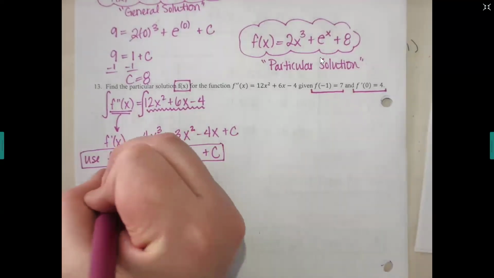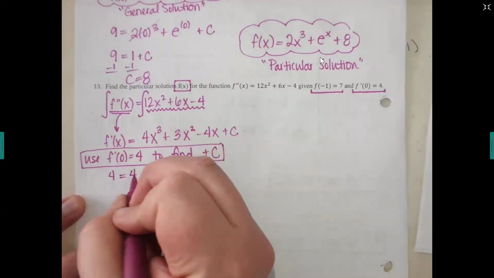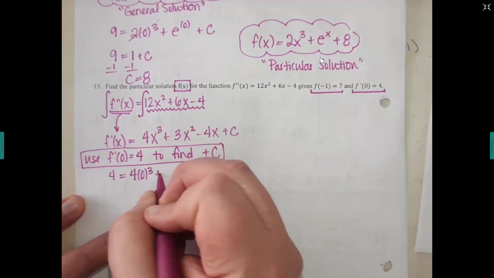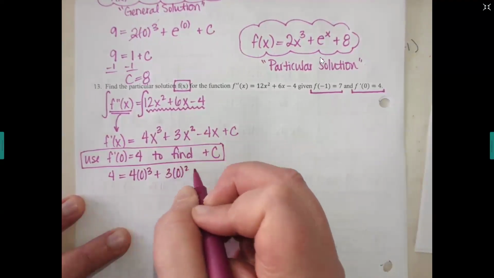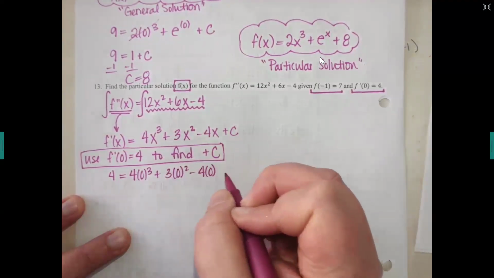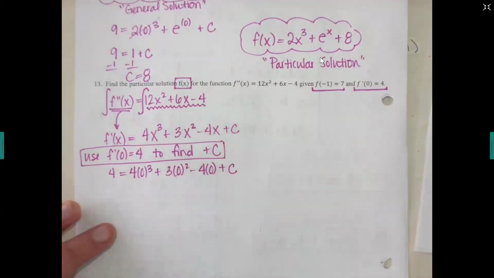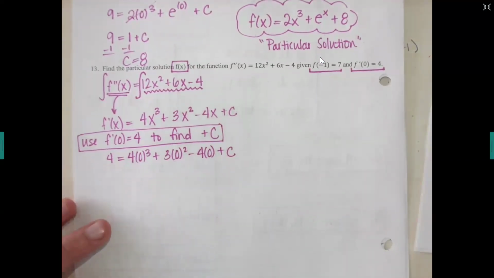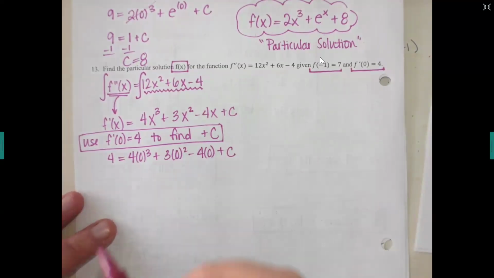So it would be 4 equals 4 times 0 cubed, 3 times 0 squared, minus 4 times 0, plus c. On that one, all your zeros are basically going to drop off.